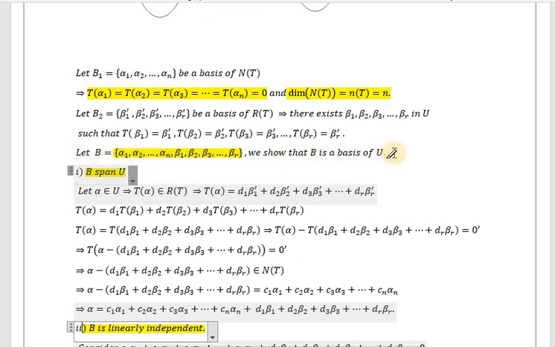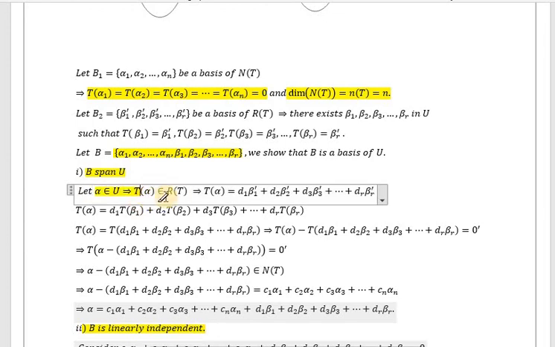We show that B is a basis of U by showing B spans U. B spans U means we have to show alpha is a linear combination. So let alpha belong to U, then T of alpha will belong to R of T, and T of alpha can be a linear combination of D1 beta 1' plus D2 beta 2' and so on, Dr beta r'. That implies that T of alpha is equal to D1 T of beta 1, since beta 1' means T of beta 1, D2 T of beta 2, since beta 2' means T of beta 2.